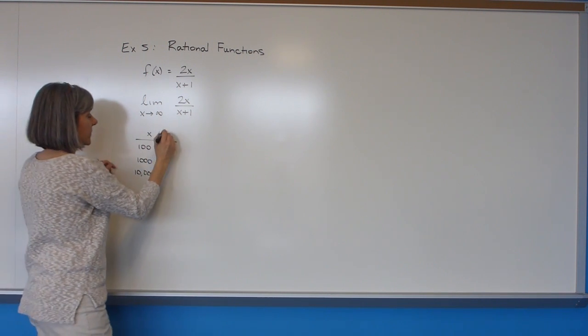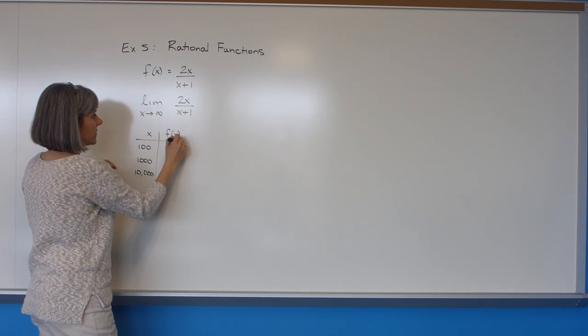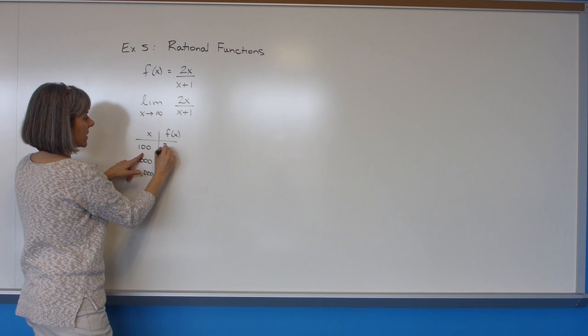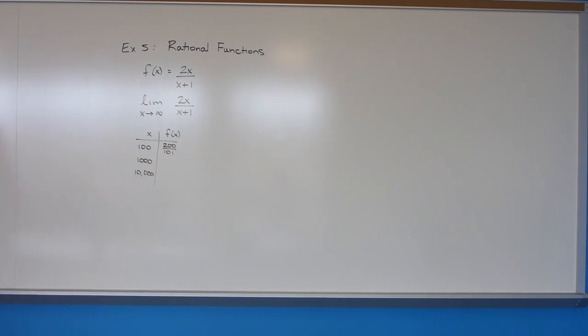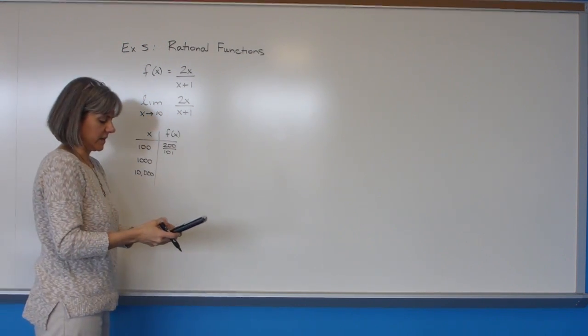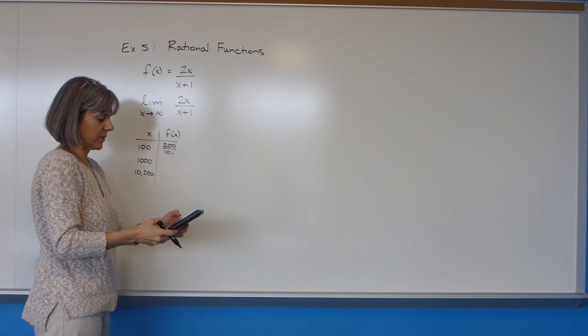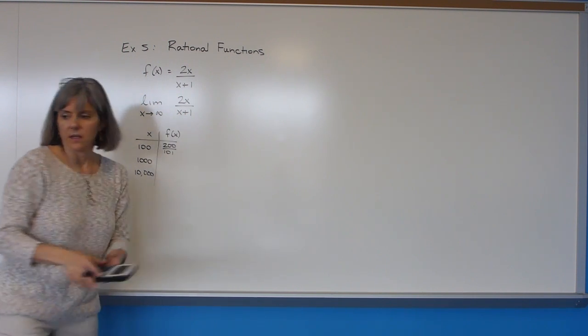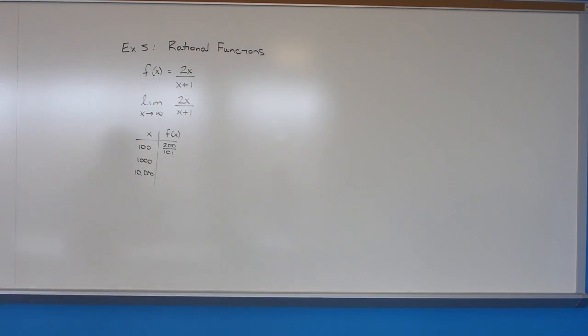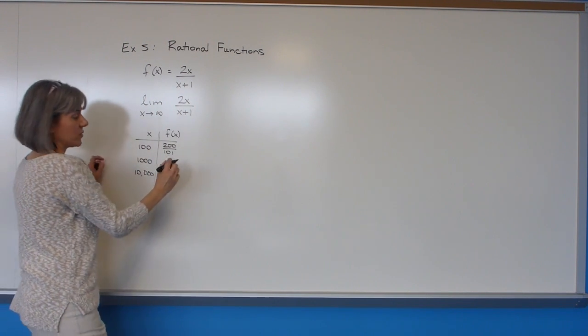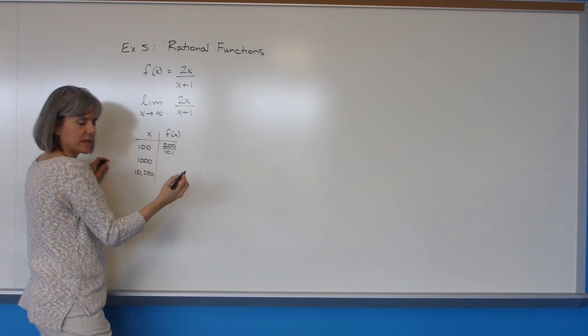So let's do that. This will be our f of x value. If we put in 100, we'll get 200 over 101. All right, so 200 over 101 is going to be a little bit less than 2.